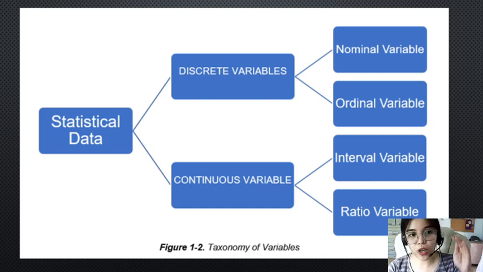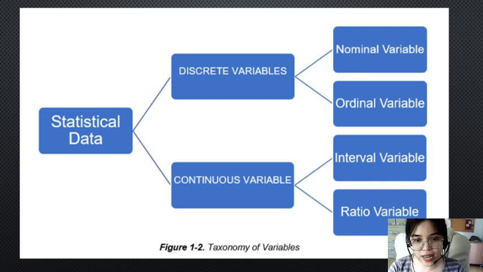Okay? So, ito ay under ng discrete at continuous. Kay discrete variable, under niya na level of measurement ay si nominal variable and ordinal variable. Si continuous variable naman, under niya na levels of measurement, si interval and si ratio variable.